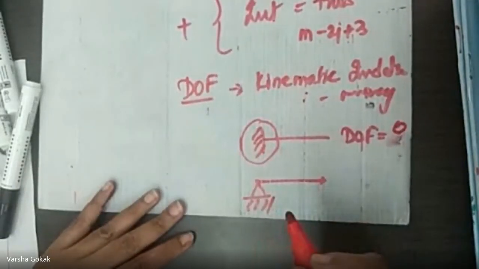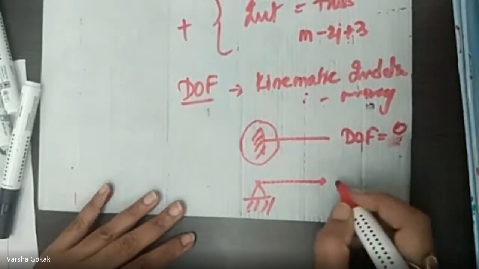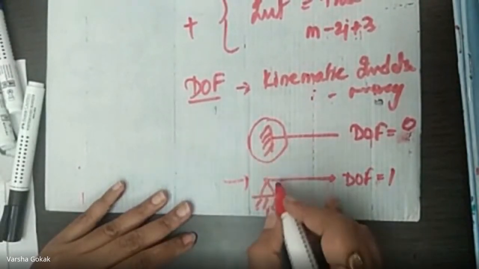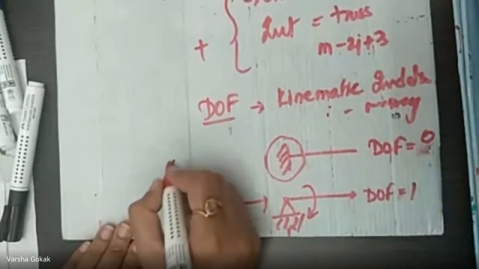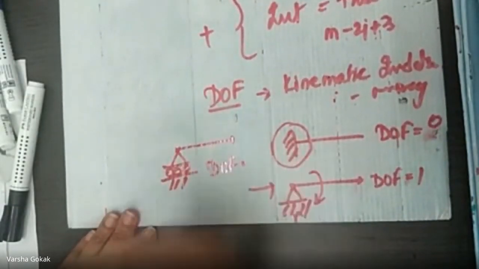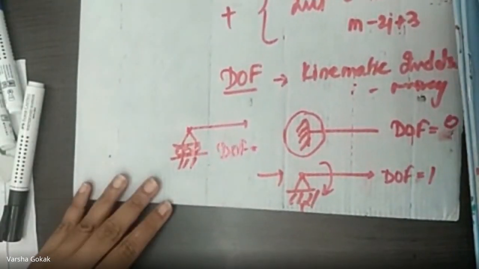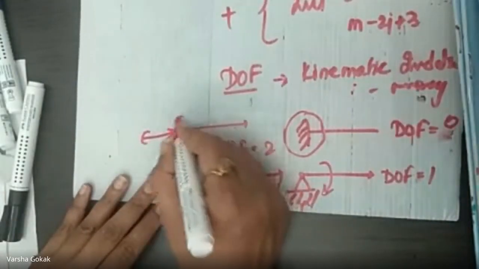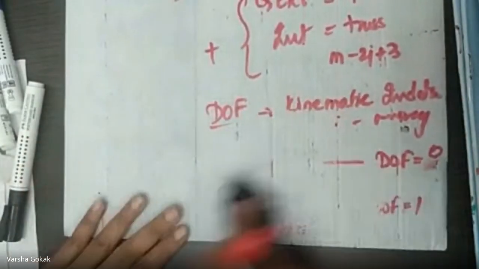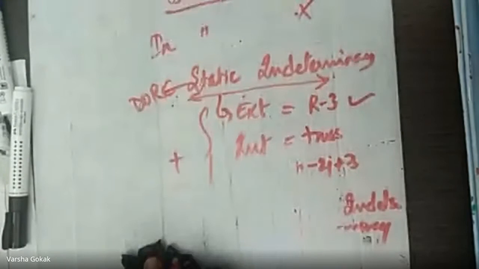What is it in case of a hinge? One, that is rotation, because two reactions are there, which tell me it cannot move in those directions. So which is the third one? Rotation is permitted. When I talk of a roller, what is the degree of freedom? Two. One is horizontal and one is rotation, because the reaction is vertical. So this is what degree of freedom is: the number of independent displacements that are permitted.